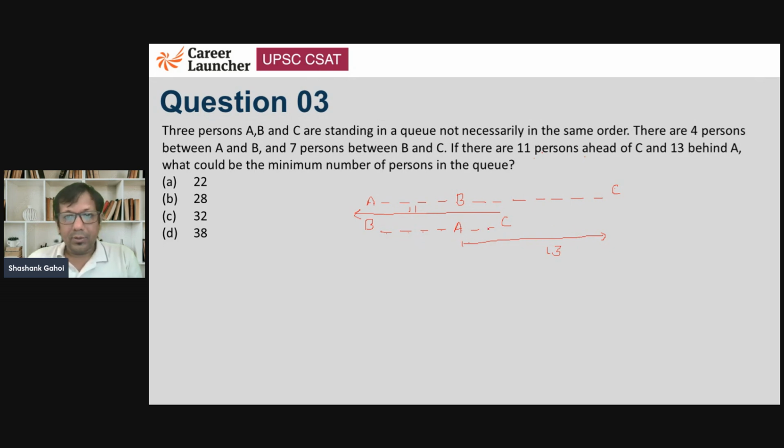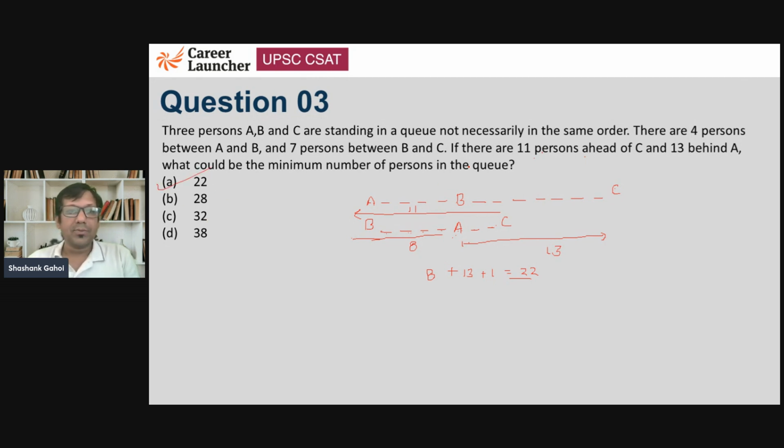So there are 11 people before C. So this is 11, 10, 9. So 8 people before this. So what is the total number of people? 8 people are ahead of A, 13 people are after A, and 1 is A itself. So the total number of people that we are talking about is going to be 22, and that's option A.